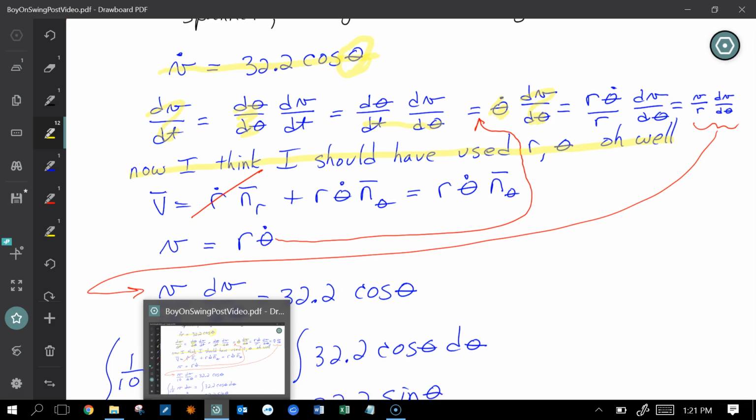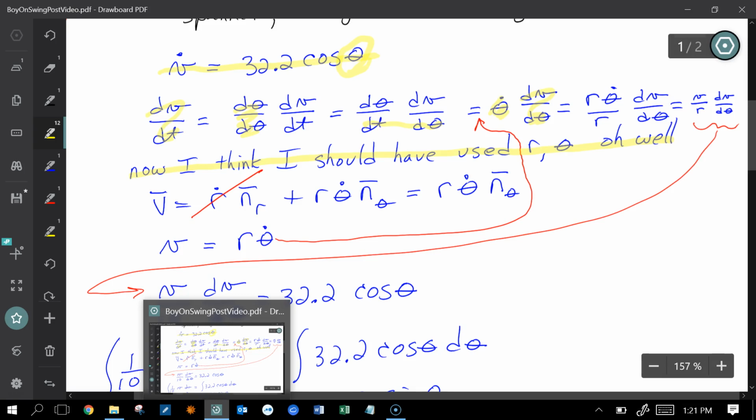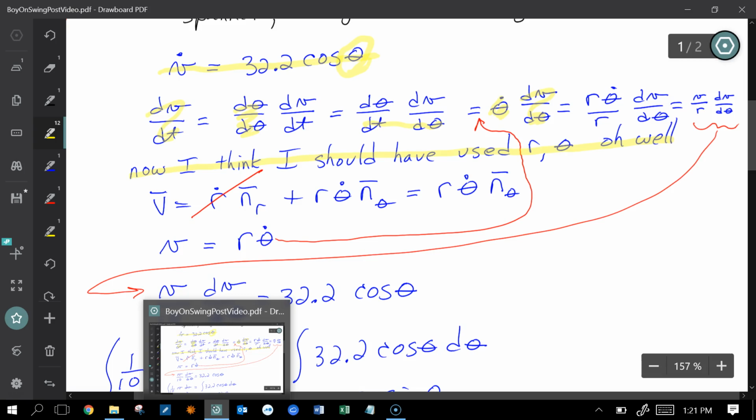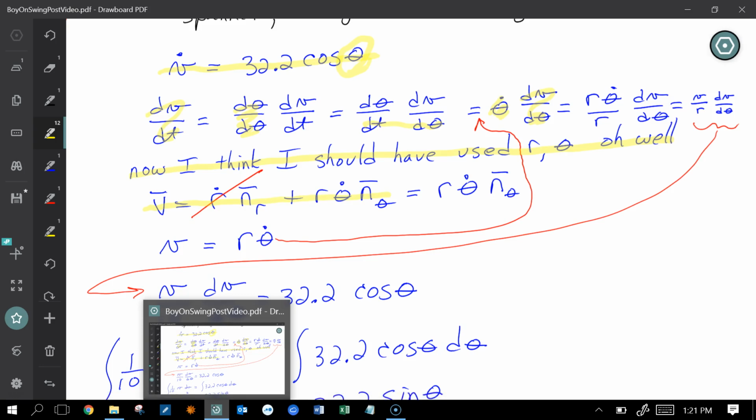Basically, the problem that I have is I don't like the theta dot in there. What I would like is either a v or a theta all by itself, but I don't really want the theta dot. So what comes to mind is, okay, I'm going to try and convert that guy into v. So I'm going to write the velocity equation for polar coordinates, r and theta, right? So this just comes straight out of the book.